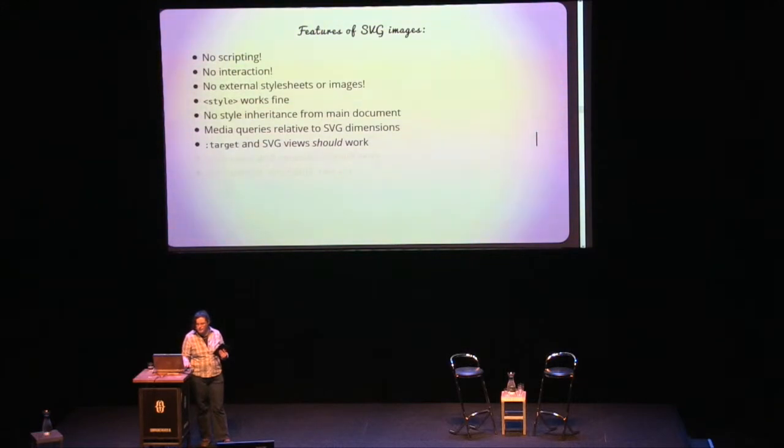Another thing, as I said, you can't use hover effects, but you can use target effects, with the target being the target fragment on the URL when you embed that image. You can embed it as logo.svg#fancy. And if you've got something inside with an ID fancy and styles that trigger when that element has the target, those styles are going to get triggered.